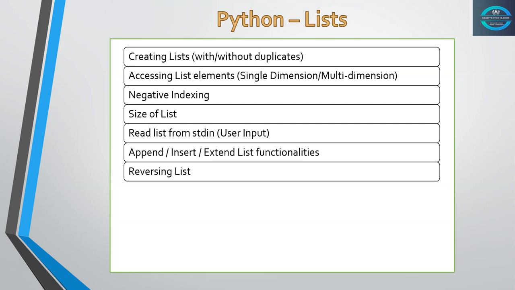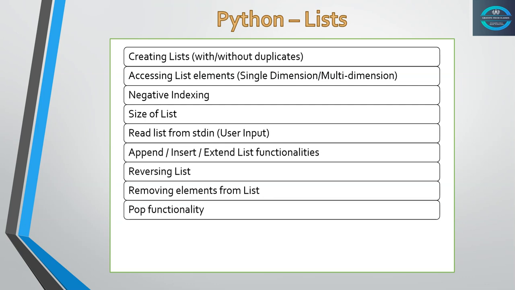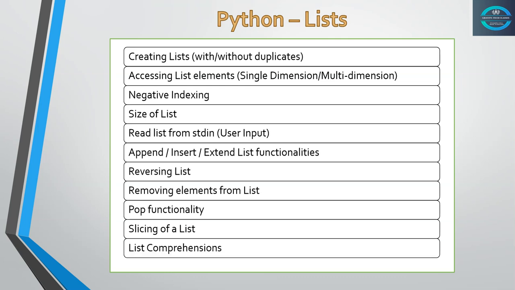How do we reverse the complete list? Removing elements from the list, if I want to remove or delete certain elements, how do I do that? How do I use the pop functionality of the list and what does it really mean? How do I slice a list? What are list comprehensions?